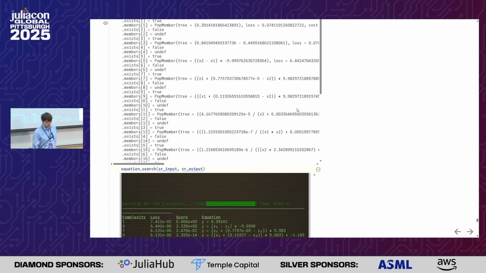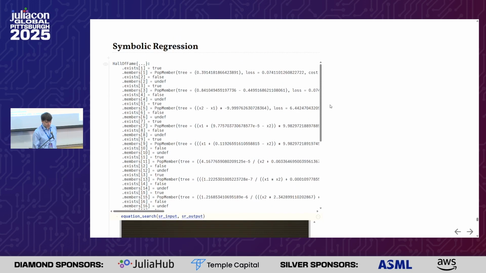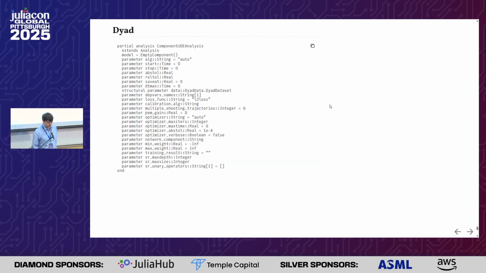Now that I've gotten to this part, you might have seen talks about Dyad, and you might be wondering if there's any relation between this and Dyad. The idea is that with Dyad we can represent this in a declarative manner with an analysis.